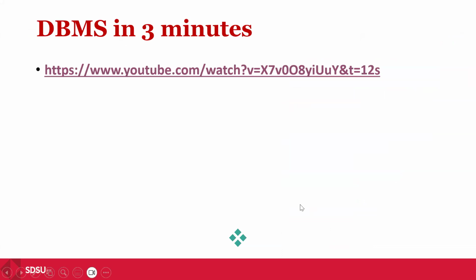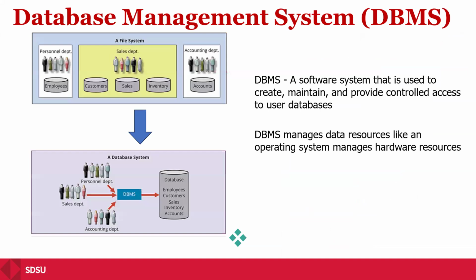We will talk in more detail about what a database management system is. A database management system is software that is used to create and maintain data and provide control to use databases.